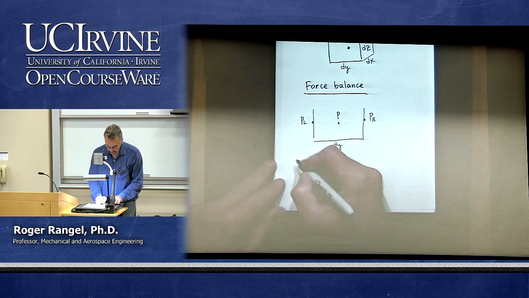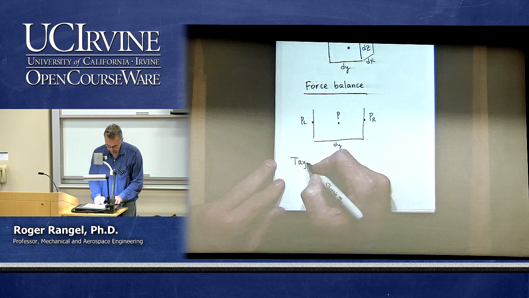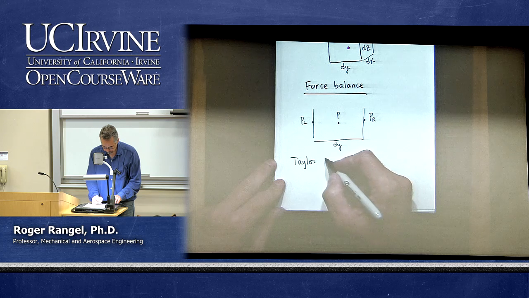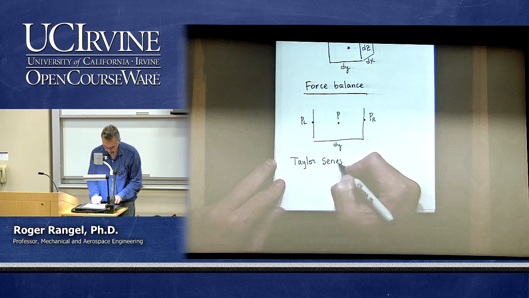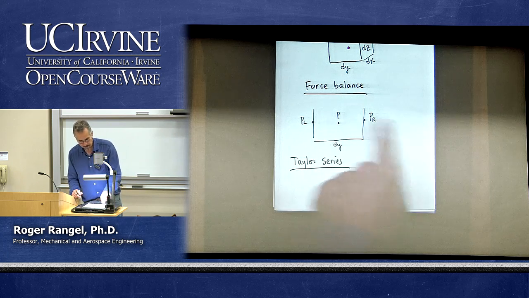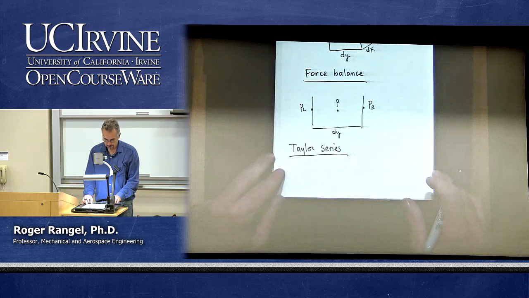Then you might recall from math that I can write a Taylor series that allows me to write the value of the function at any point if I know the value of the function at some other point.